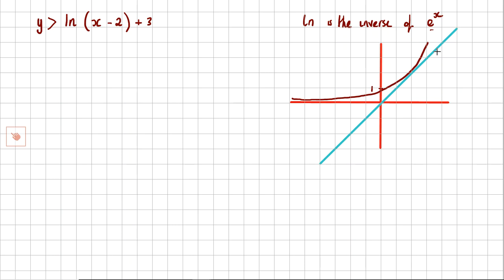Because if you reflect y equals x, the x coordinate becomes the y coordinate, and that's what happens when you inverse things, right? So what's it going to look like roughly then? Well, roughly my inverse function will be crossing at 1 on the x. The asymptote is going to be the y-axis, and it will do like this, yeah? Okay. So that would be the natural logarithm of x.